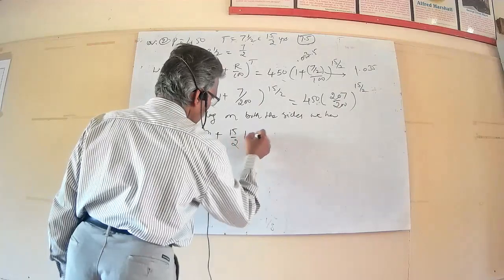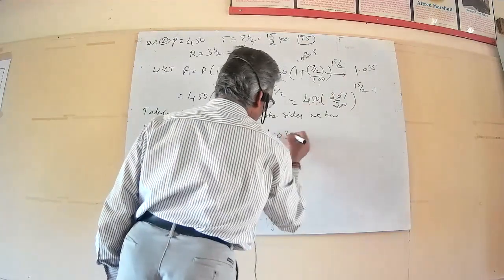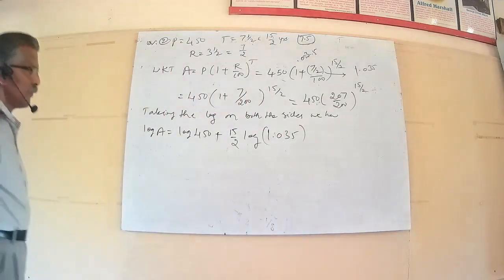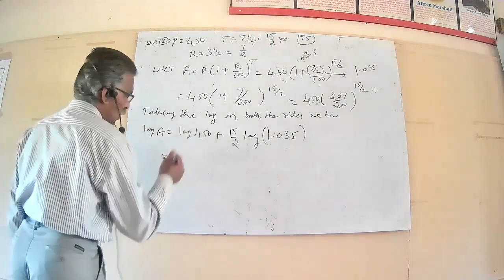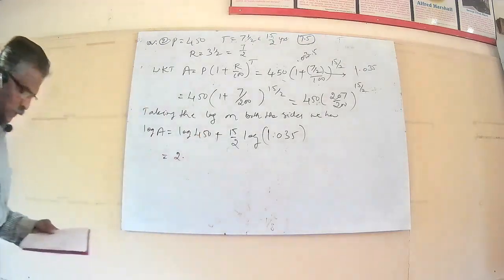15/2 into log of 1.035. This equals the log of 450, which is 2. There are 3 digits, so the characteristic part is 2.